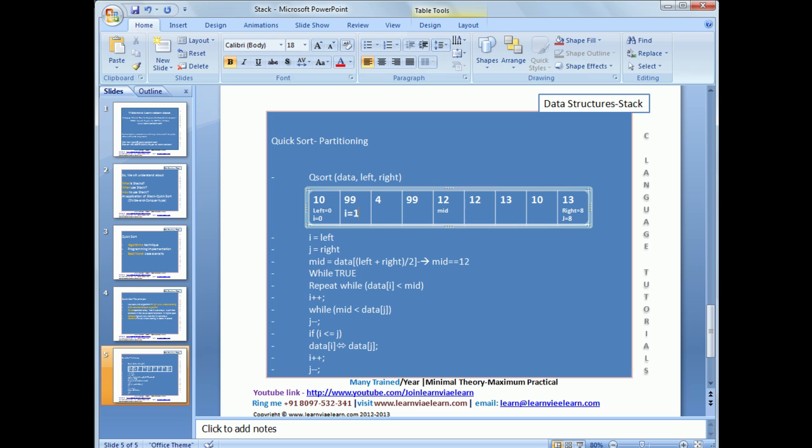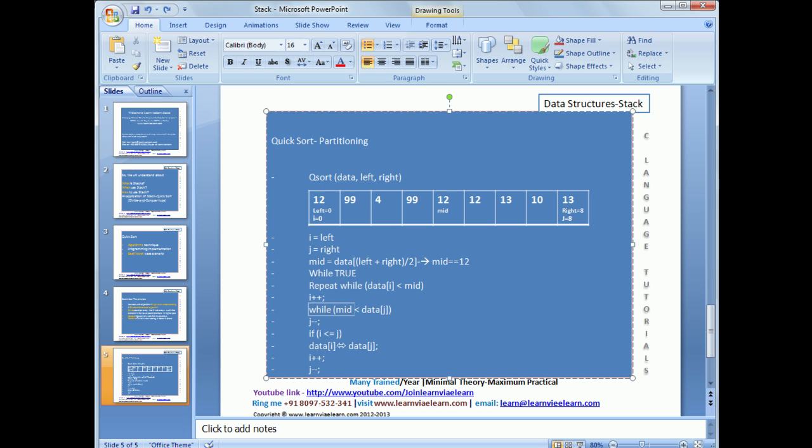Okay, so in this way it will work. So we will move forward up to the place where this condition stops being satisfied.